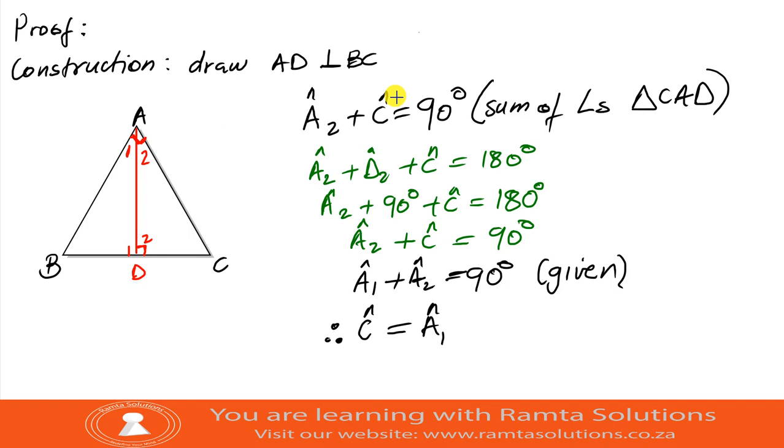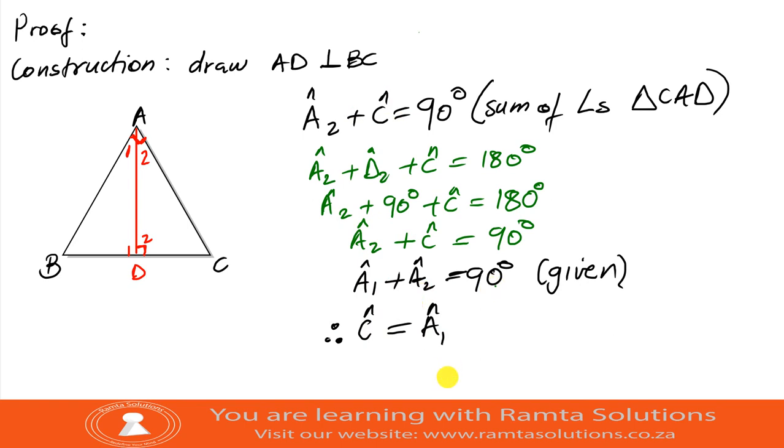Alright? So now if you are unsure as to where I got this from, I'm going to explain again. Remember that for presentation purposes, the black color is the one that we need. Now to explain, I'm saying A1 plus A2 is equal to 90.